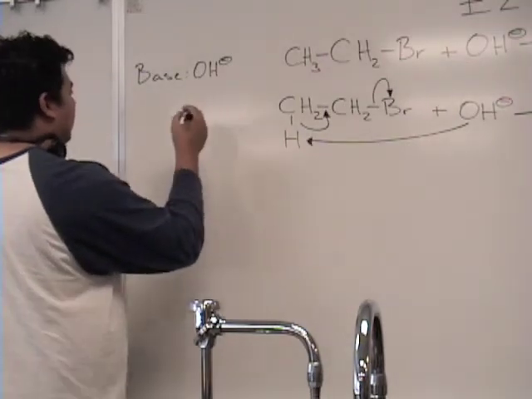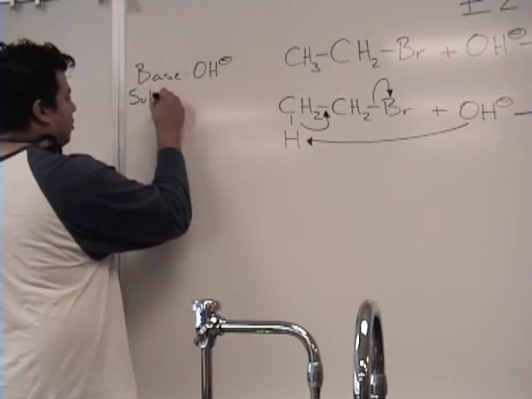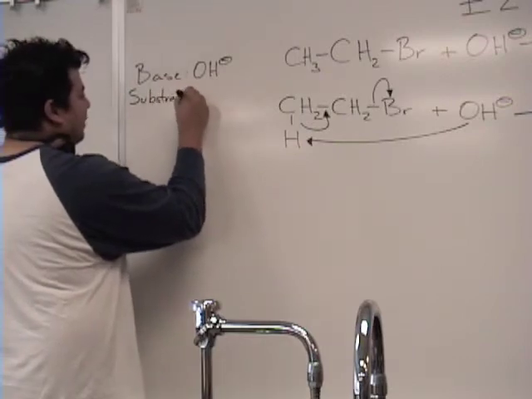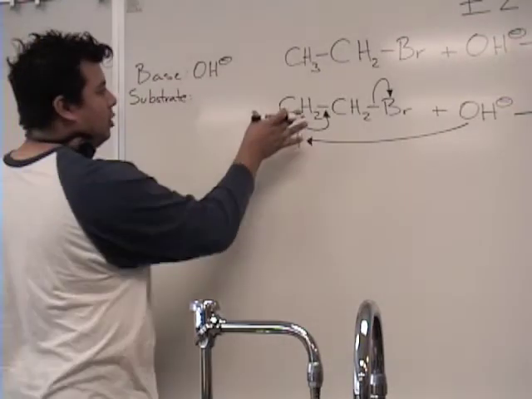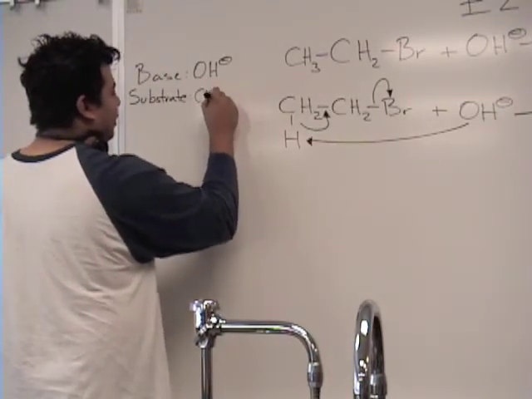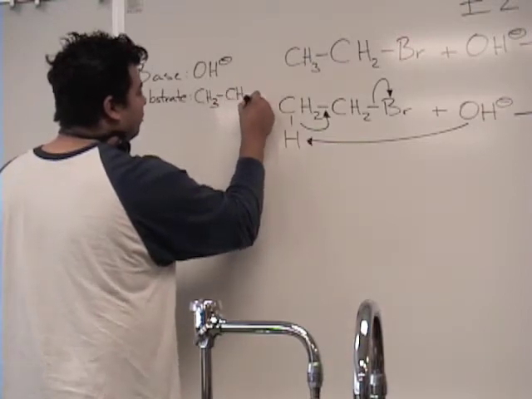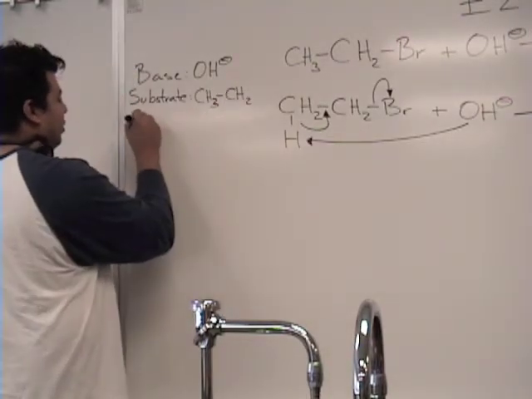We also need our substrate. That is the molecule we're going to work on. In this case is this right here, so I'm going to write it CH3, CH2. And then we need a leaving group.